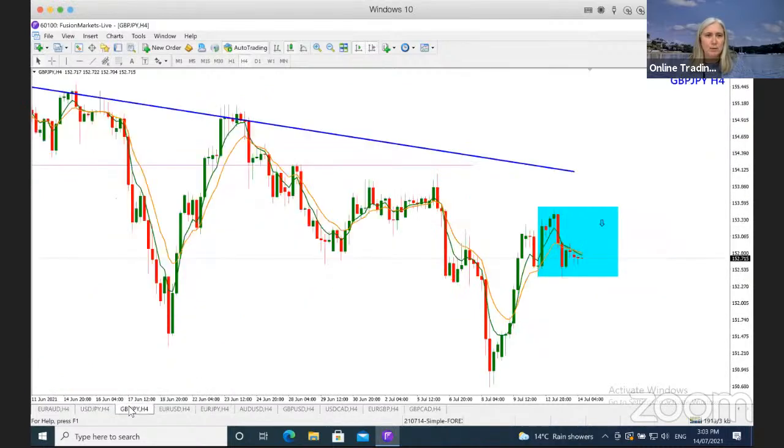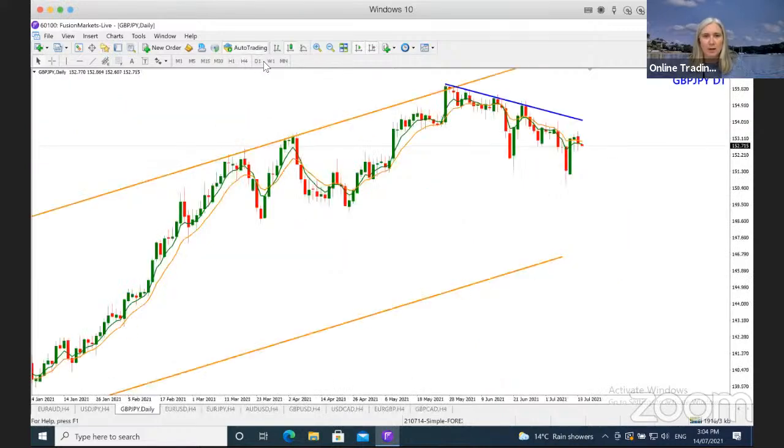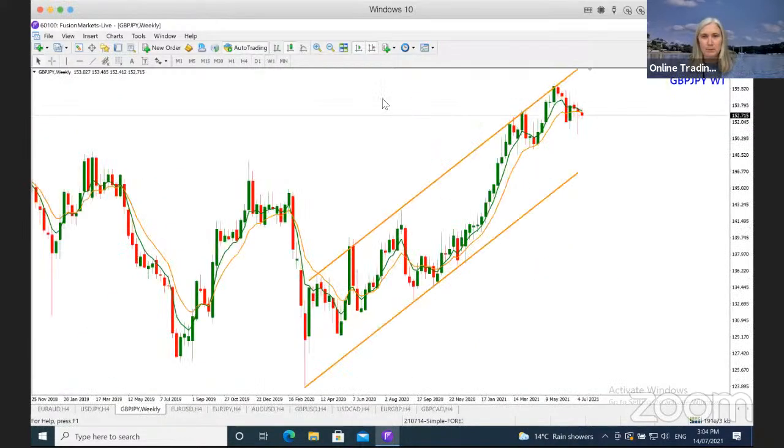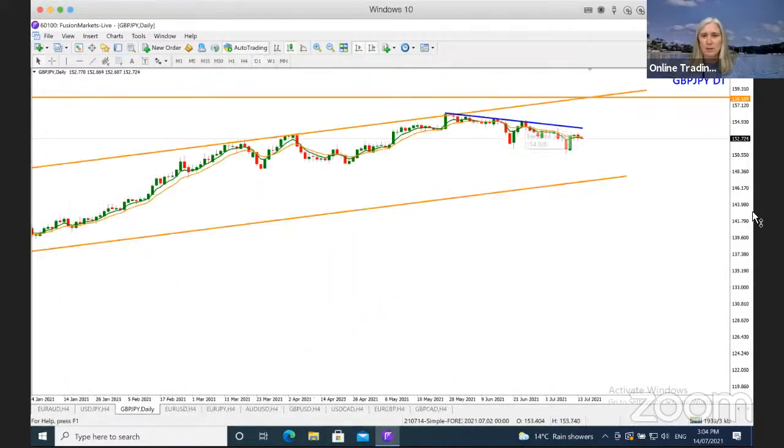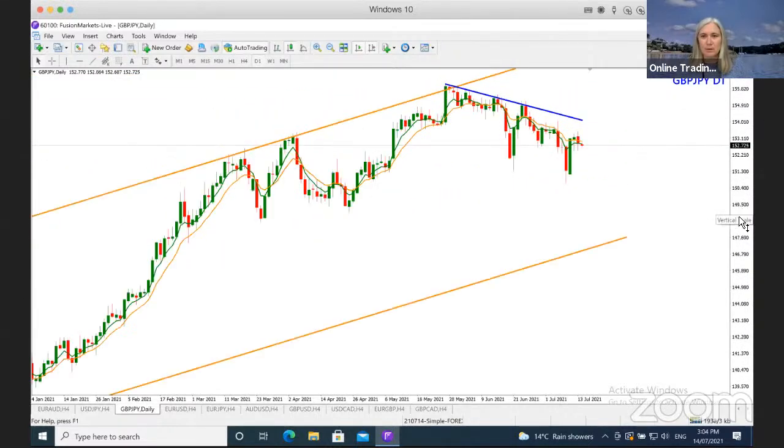Next currency pair I'm looking at is GBPJPY. Again, looking at the higher time frame for a bit of perspective and where things are at. I'm looking at the moment for a short, coming back down possibly to the bottom of the channel. Daily has been going down for a little while.